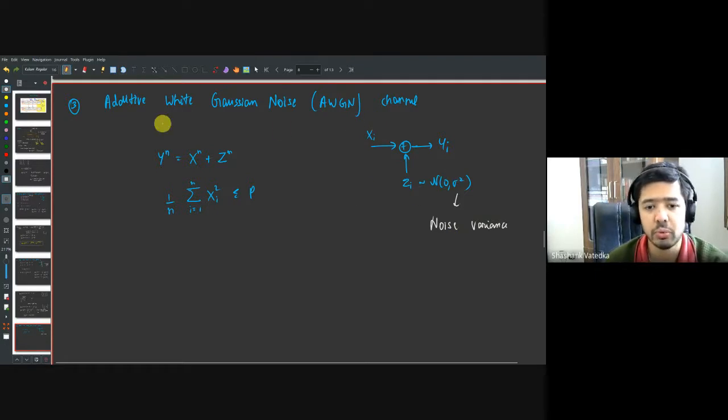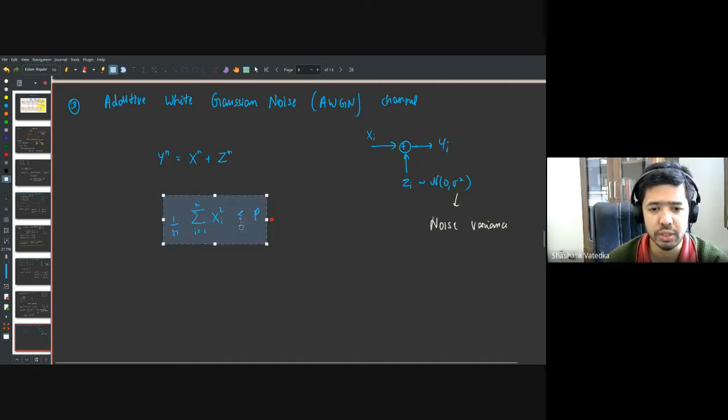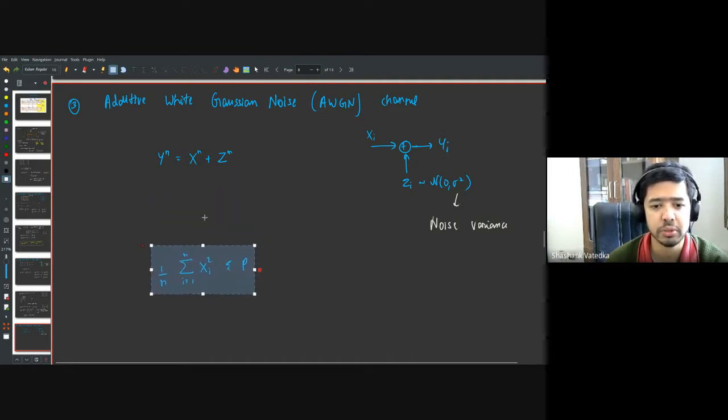Now it depends on what constraints you put at the input. So typically we introduce some kind of a constraint at the input.